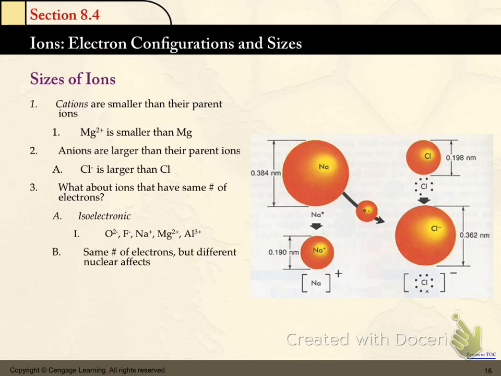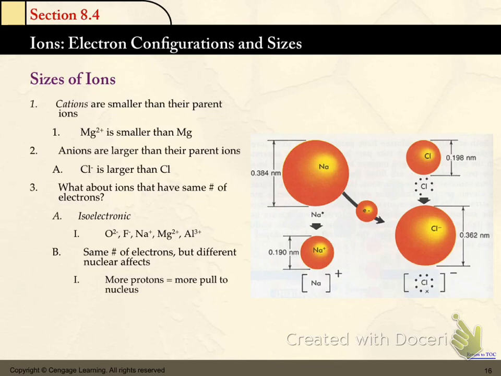So the same number of electrons, but they've got different nuclear effects. Even though their electrons are the same, the number of protons in their nuclei actually changes, and that is what changes the size of the atom. So if an atom has more protons, then it's got more pull to the nucleus.